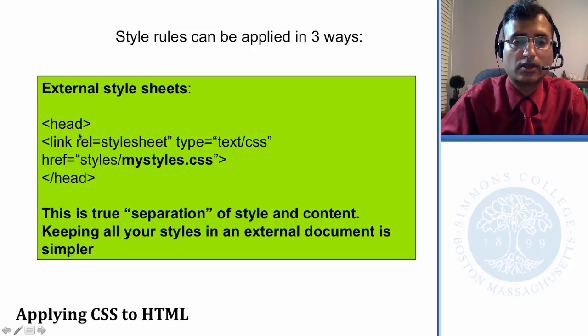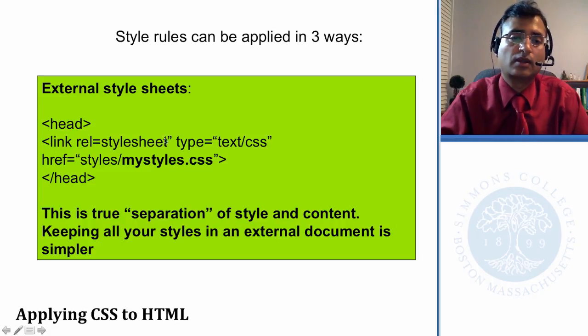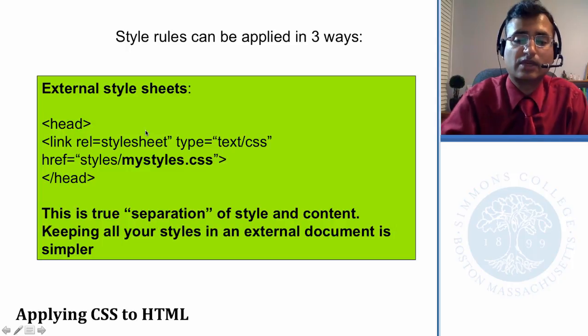This is your HTML, and you just link to it. So this is the true separation of style and content, and keeping all of your styles in an external document is much simpler. This is what you must develop as a best practice.